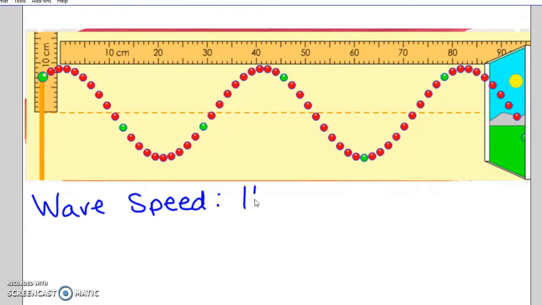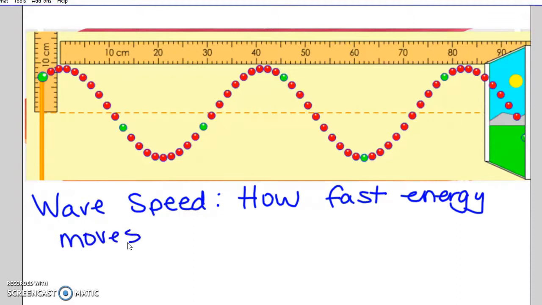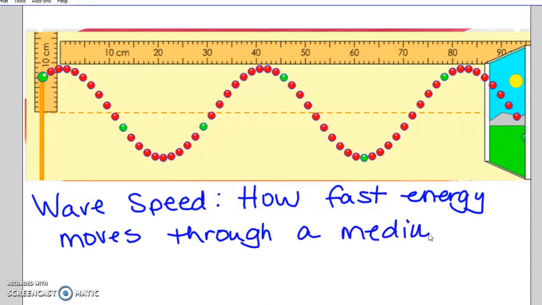And this is simply how fast energy moves through a medium. It's important to note that frequency and wavelength don't actually affect the wave speed. The medium that the wave is moving through determines the speed.